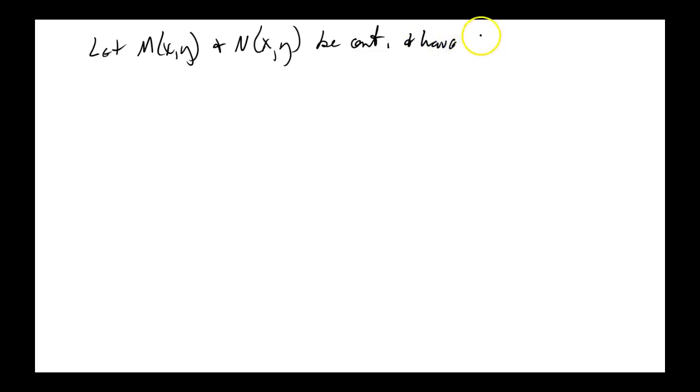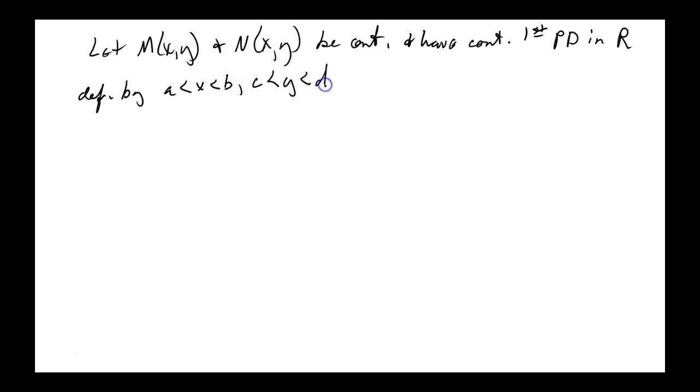They themselves have to be continuous and have continuous first partial derivatives, PD being partial derivatives, in a rectangular region R defined by a less than x less than b, and c less than y less than d. Between a and b on x, c and d on y.